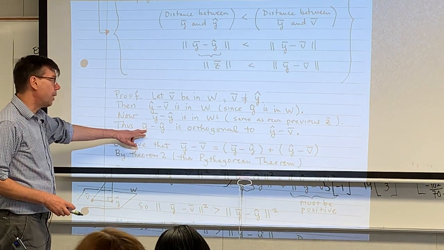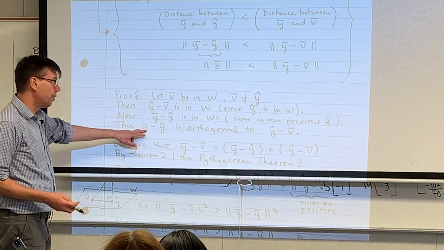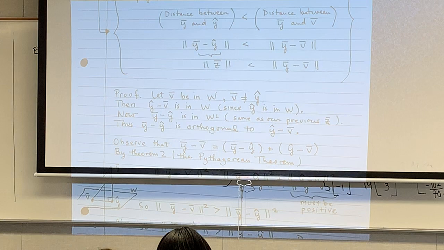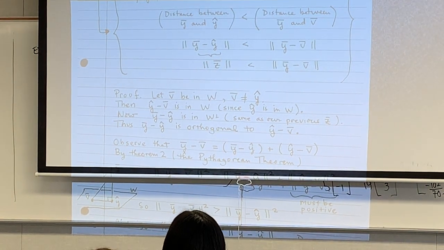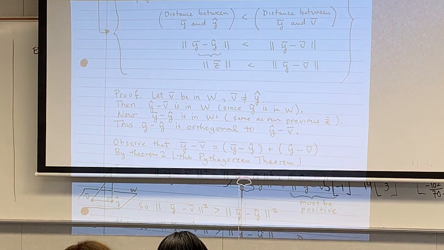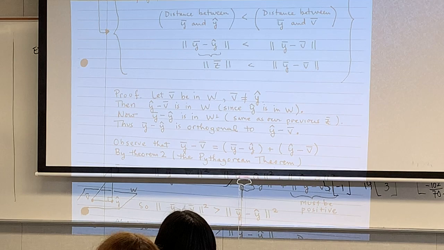Thus, y minus y hat is perpendicular, or orthogonal, to y hat minus V. This difference is perpendicular to this difference. There's orthogonality there. That's the way we set this whole thing up.